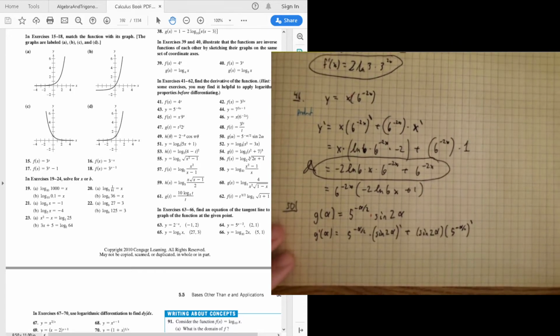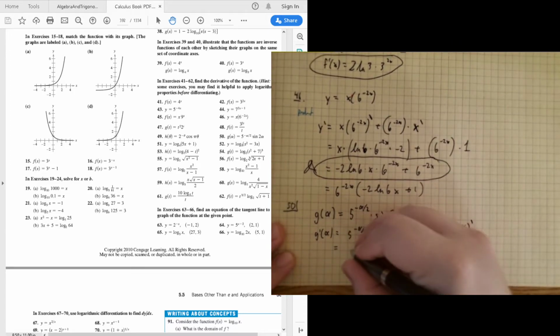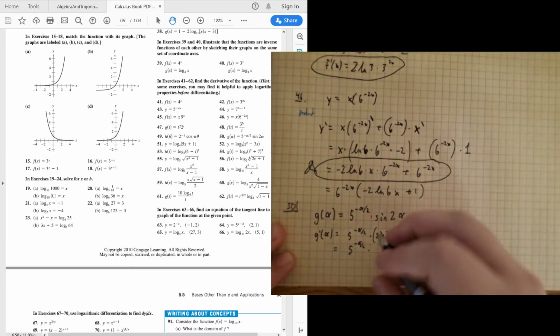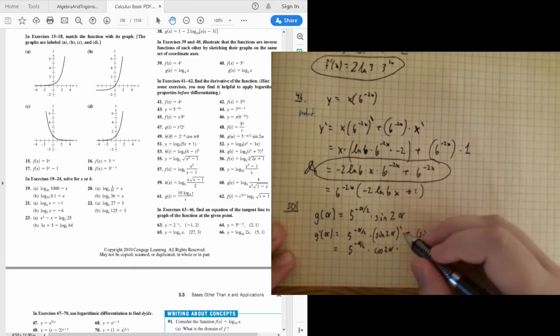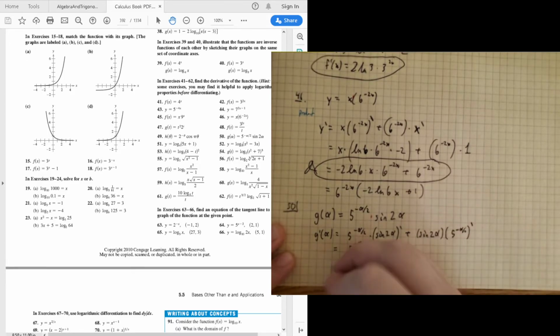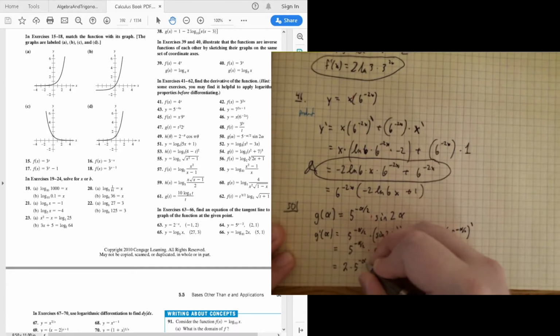Alright, let's do it one piece at a time. So this would become 5 to the negative alpha over 2 times derivative of sine is cosine. The derivative of 2 alpha would be 2. This becomes 2 times 5 to the negative alpha over 2 cosine of 2 alpha.